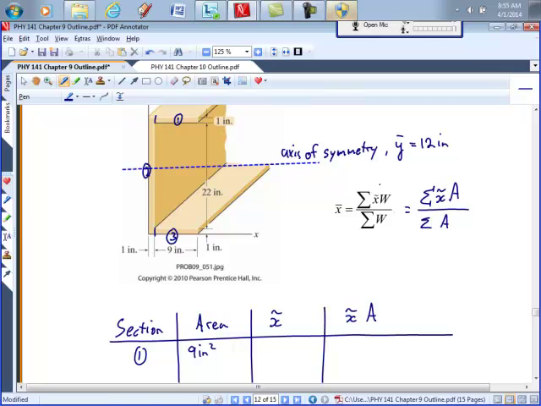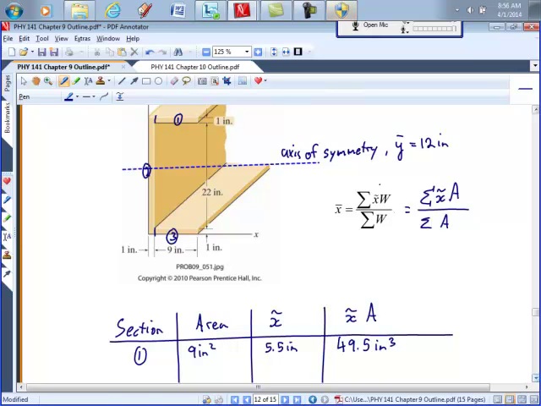It's 4.5 inches from the edge of that section, but that section doesn't start until x equals 1. So it'd be at x equals 5.5 inches. And then we would multiply that x tilde times A. 49.5 inches cubed.